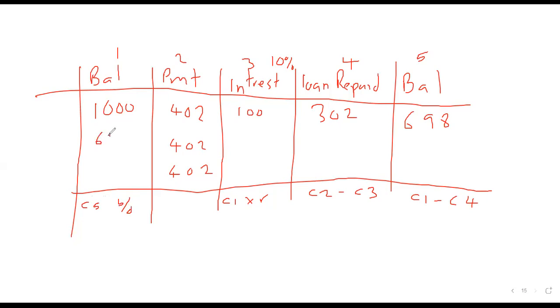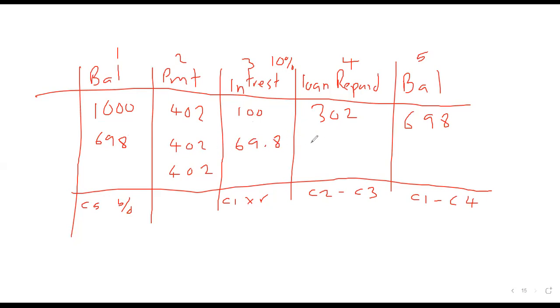698. Then how do we get column 3? 10% of this one is 69.8. How do we get column 4?